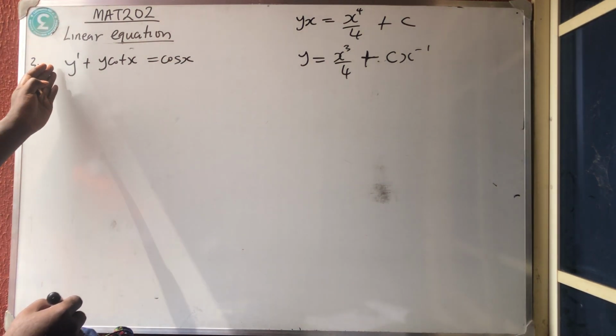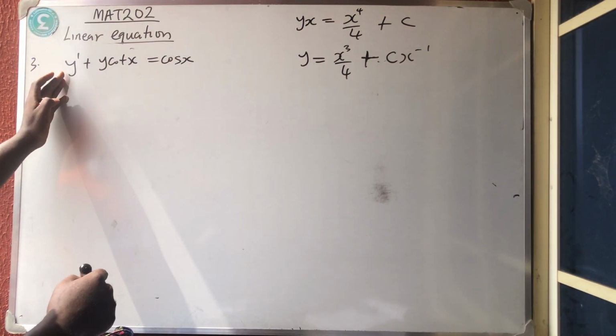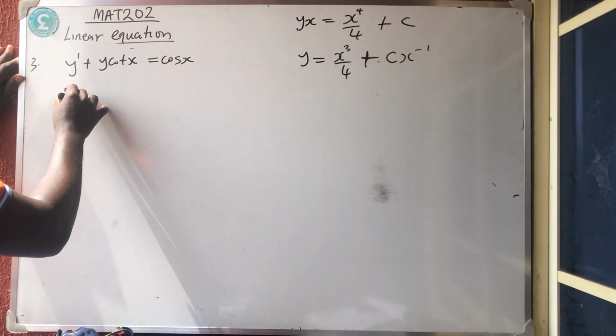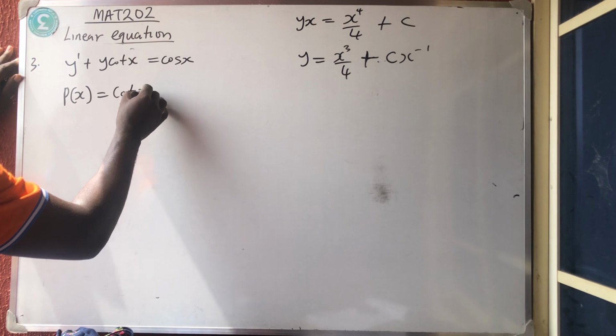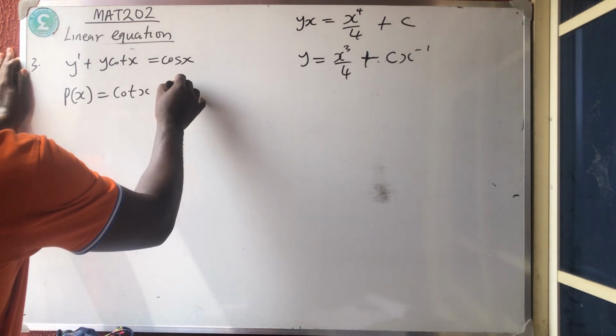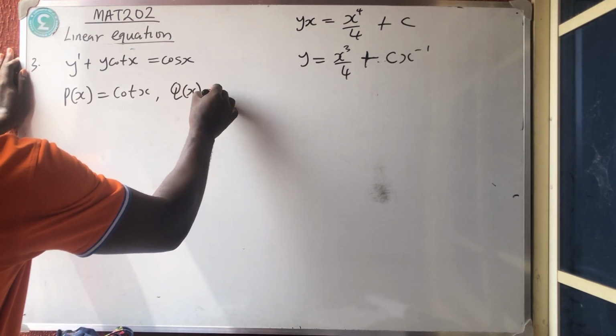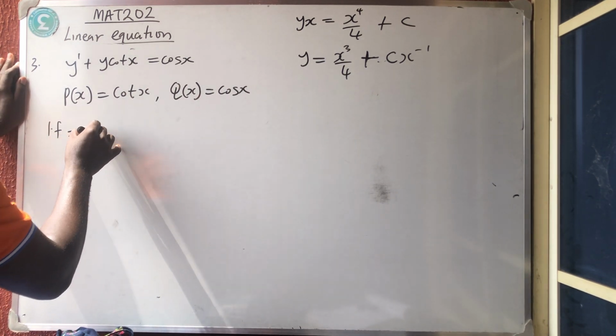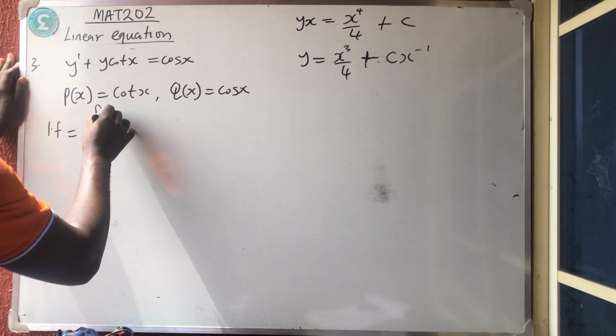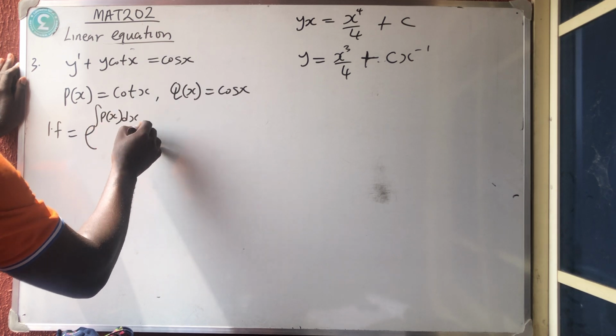Since the coefficient of y prime is 1, I can go straight to get that my p of x is the coefficient of y here, which is cot x, and my q of x is equal to cos x. So the next thing is the integrating factor, which is e raised to power the integral of p of x dx, which is what?